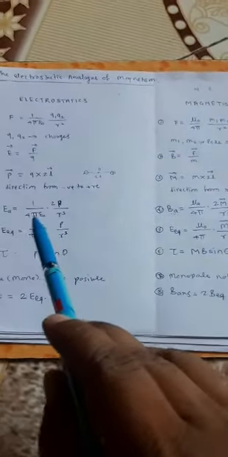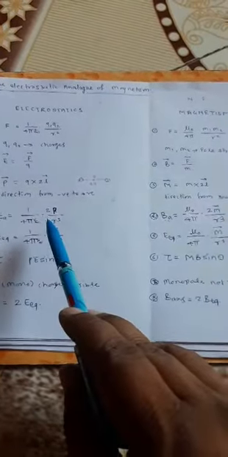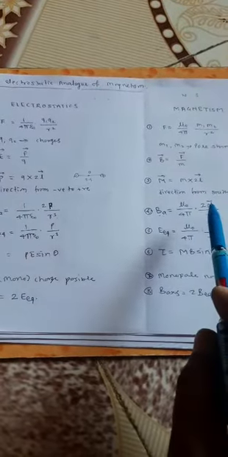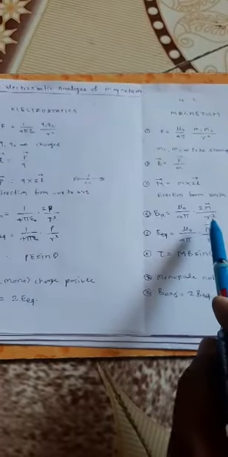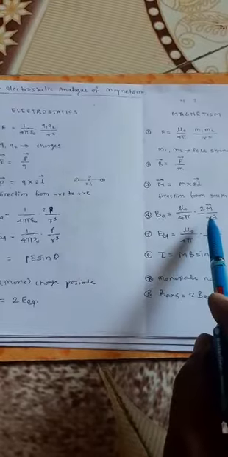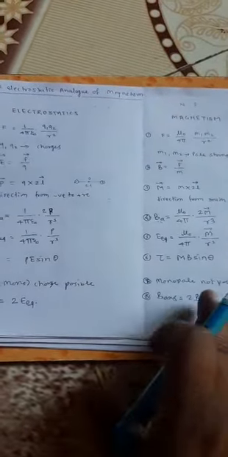This constant 1 upon 4 pi epsilon naught, instead of this, we can write mu 0 upon 4 pi, 2 as it is. P means electric dipole moment, and here M is the magnetic dipole moment, divided by R cube. R is the distance of the point from the center of the magnet.